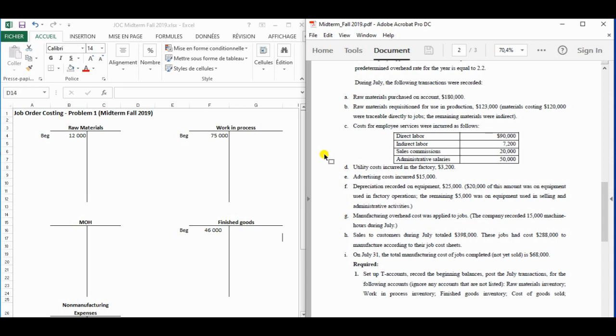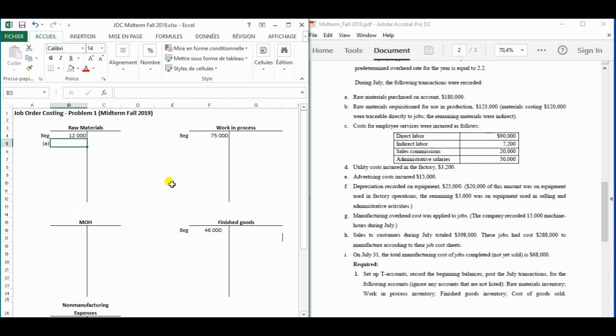So the first transaction is about the purchase of raw materials. Okay, so raw materials purchased on account for $180,000. So for the first transaction, I will debit raw materials as it's a purchase.